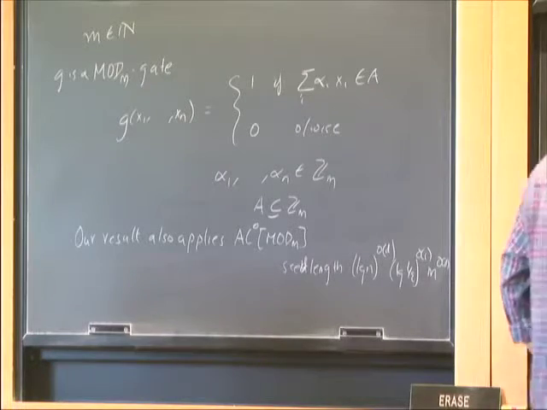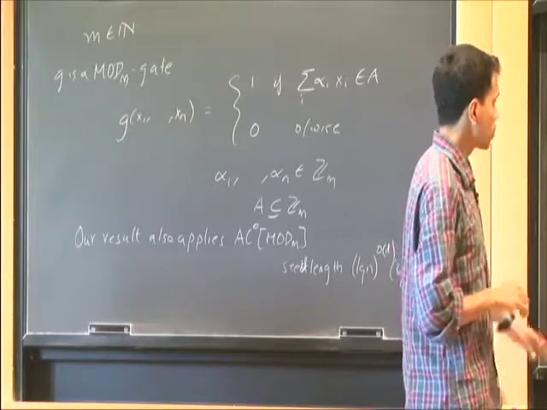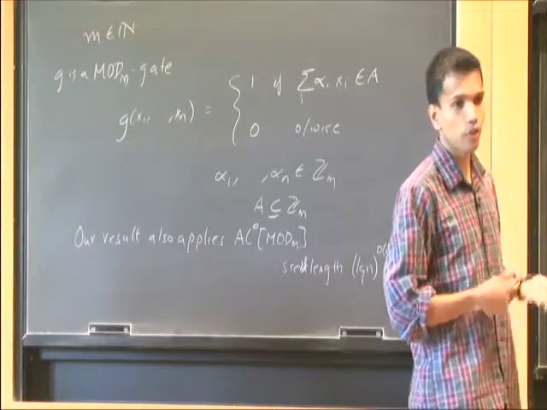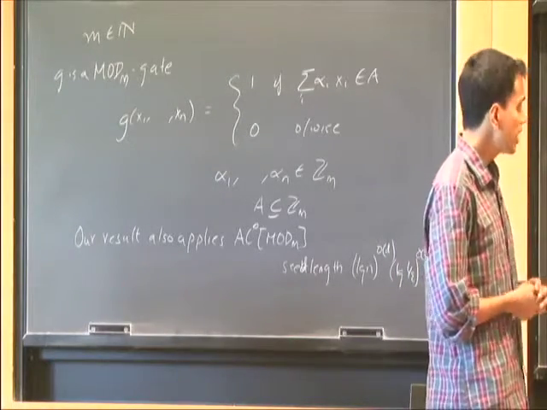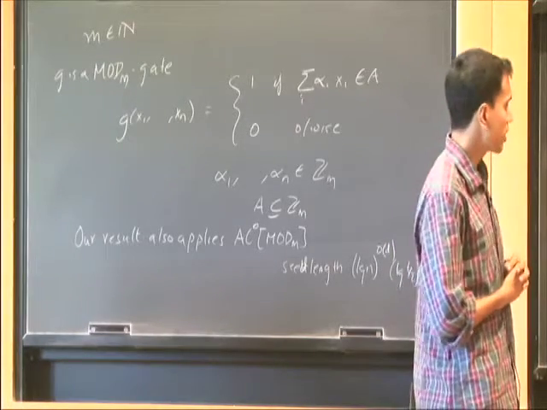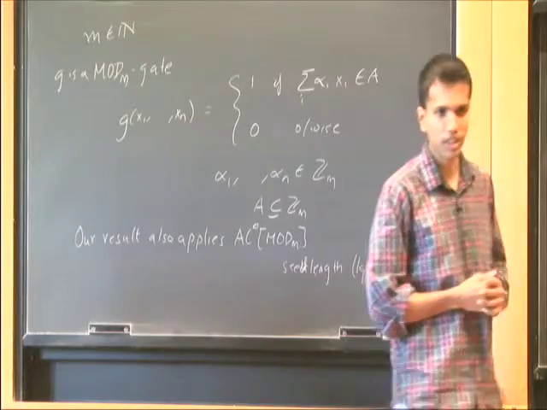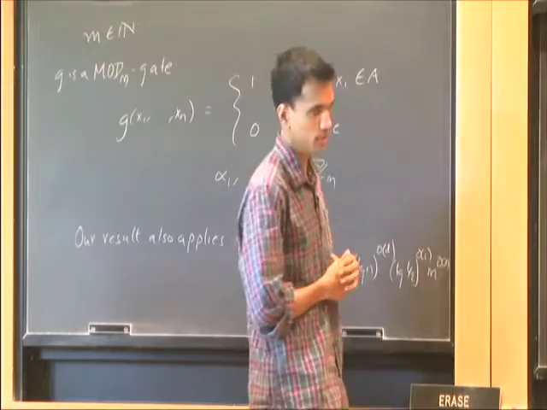This uses a result that I forgot to mention. Small bias spaces are by definition things that fool parity gates, so of course they fool parity gates. It turns out they also fool AC0, and this follows by a result of Braverman, who shows that polylog-wise independence fools AC0, and these things give you polylog-wise independence. So, almost.